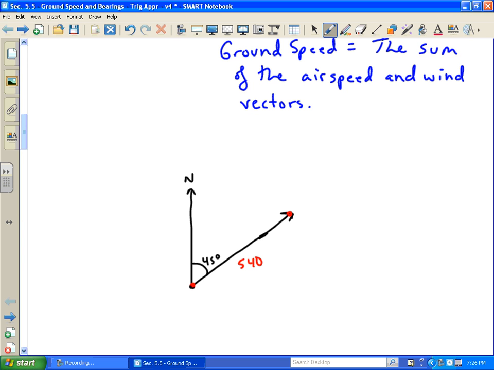Now, on wind, we agree that from any particular location in this drawing, the wind is going to be blowing from the same direction. The wind was blowing at a bearing of north 30 degrees west. And so what I'm going to do is, first of all, look at that at the origin.